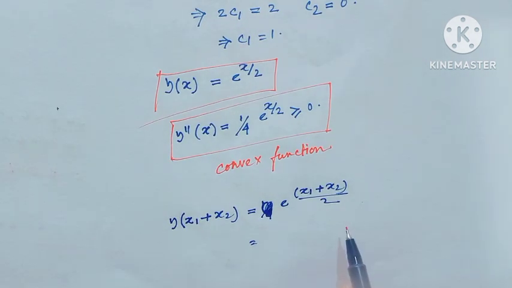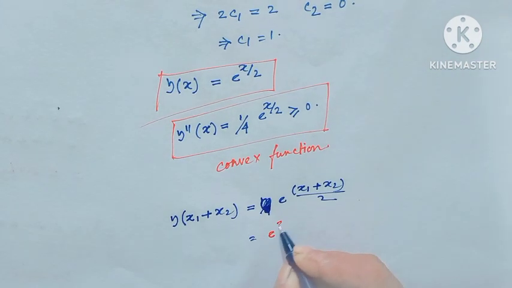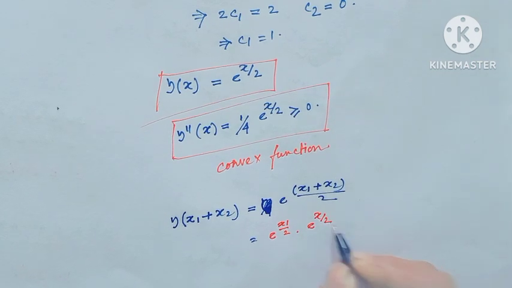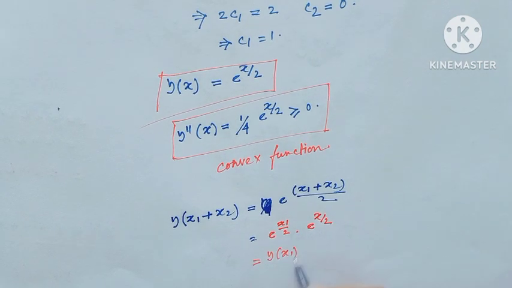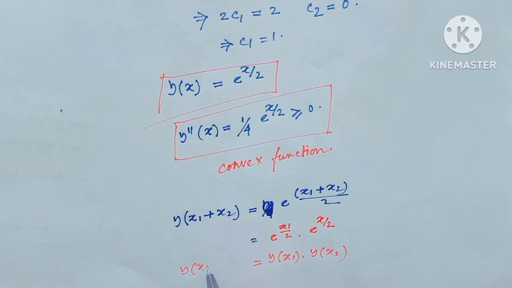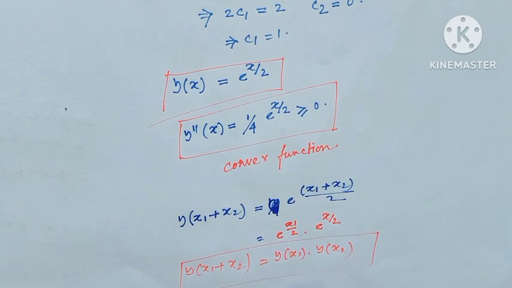Next, y(x1 plus x2) equal to e to the power (x1 plus x2) over 2, which is equal to e to the power x1 over 2 times e to the power x2 over 2, and obviously this is y(x1) times y(x2). That means y(x1 plus x2) implies y(x1) times y(x2).